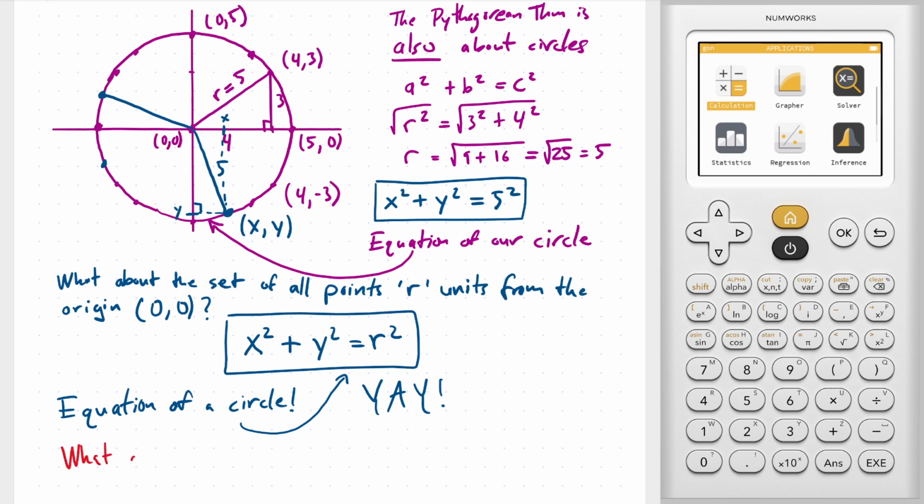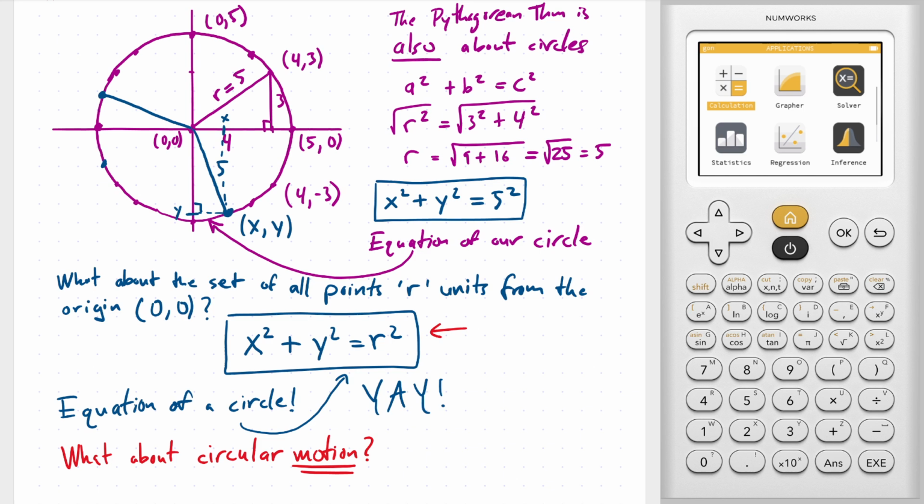So what about circular motion? Okay, it's a course about motion, and this equation right here describes a circle in a static, fixed way.